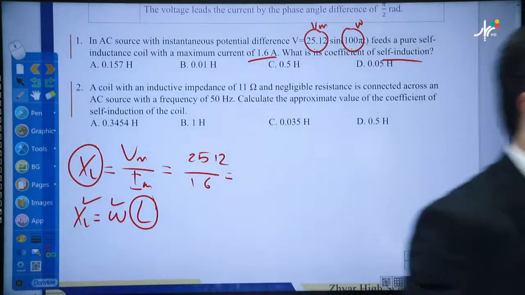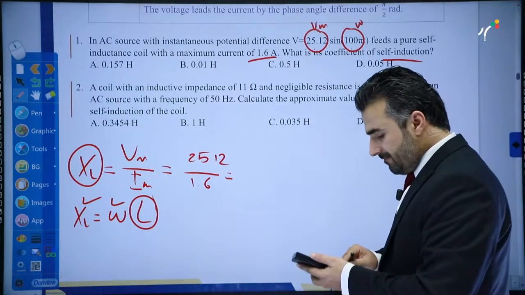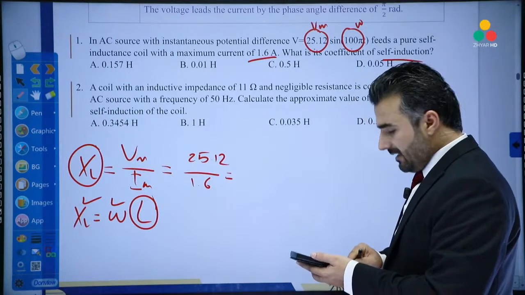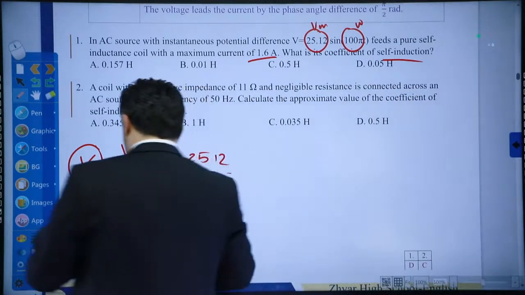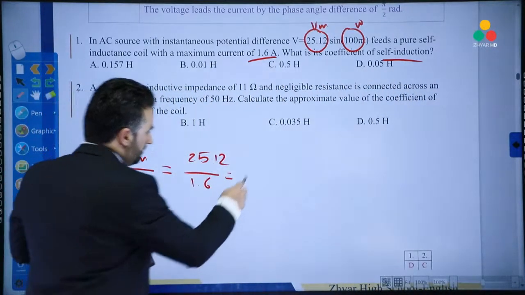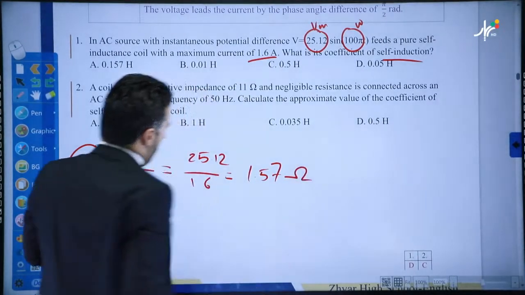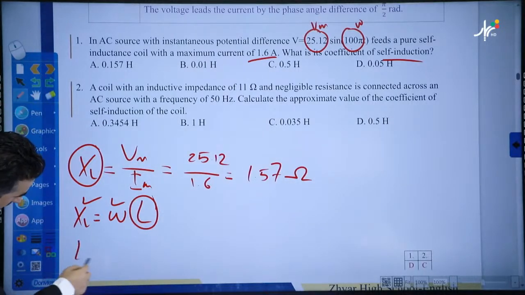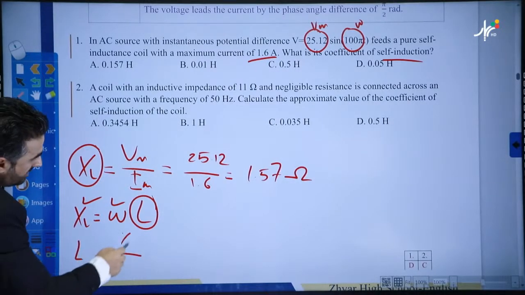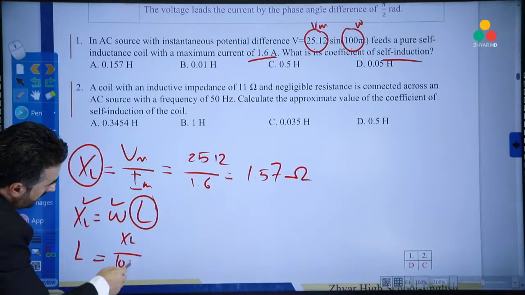Let's get a calculator. We have 25.12 divided by 1.6. The answer for this one is going to be 1.57, in ohms. Now the next thing, we want the coefficient of self-induction here. L equals XL over omega, and omega is given there, which is 100 pi.